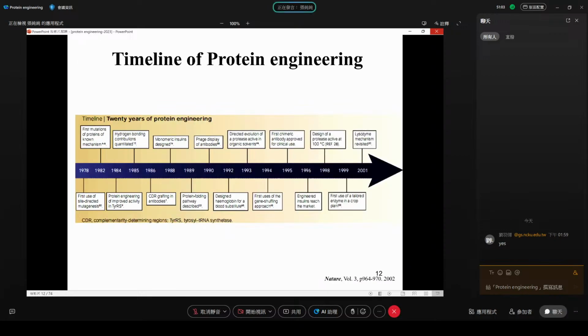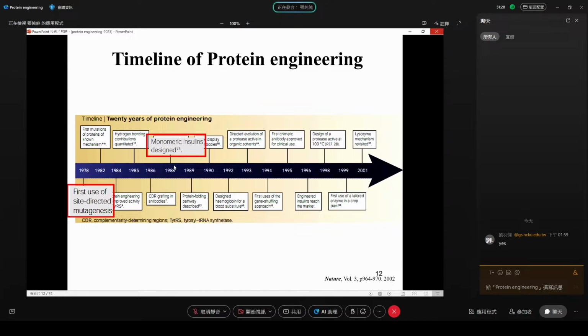Okay, so you look at the whole history starting from protein engineering. The first time we started to do site-directed mutagenesis was 1978. This year is about 2024. So many years ago, we already knew how to do site-directed mutagenesis.